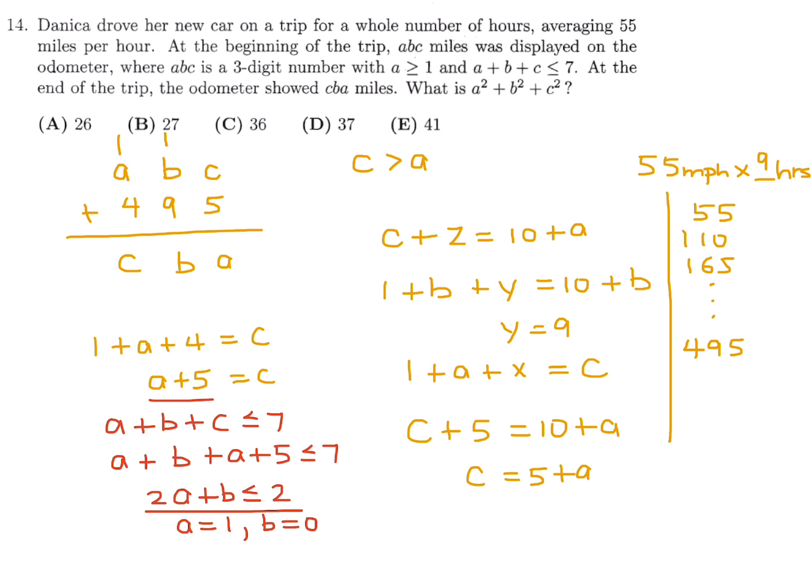That's the only way this inequality would be able to be true. And if A is 1, then that means C is equal to 6. So finally, A squared plus B squared plus C squared will be 1 squared, plus 0 squared for B, plus 6 squared for C, and that is 37. So number 14, the answer is D.